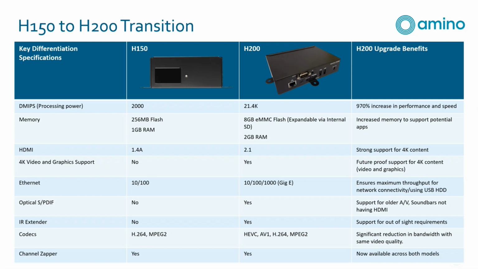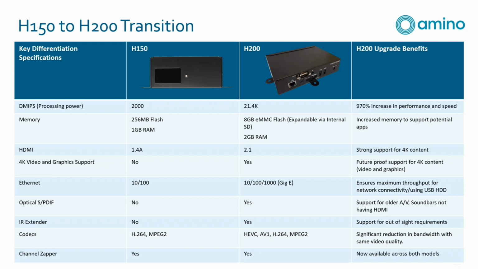So any of you that are using this as a simple video turnaround device, or we have a lot of customers that are using it as a simple channel changing device, that is there today, fully supported as it was on the H150. And in some later slides, we'll talk about how we've made it much simpler to actually deploy and manage channel lineups and everything else around deploying the box.